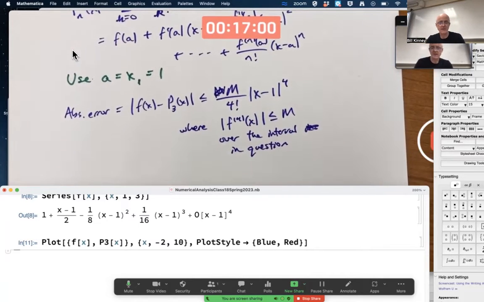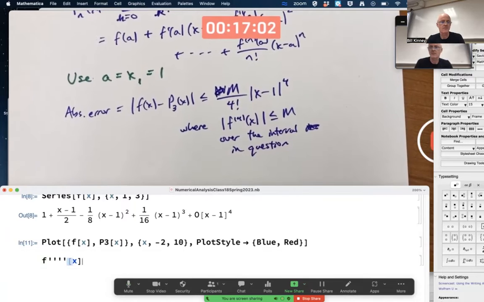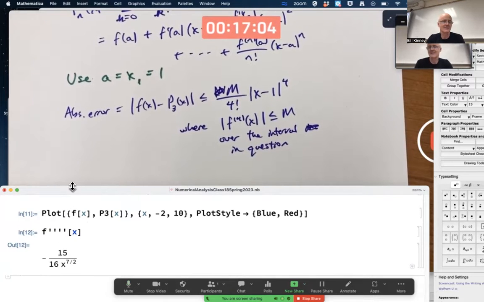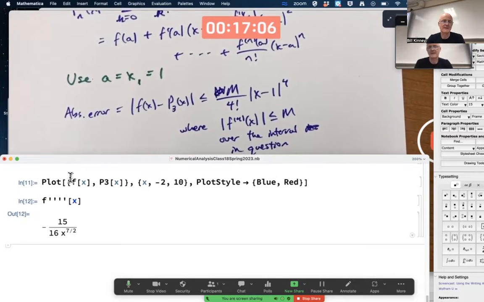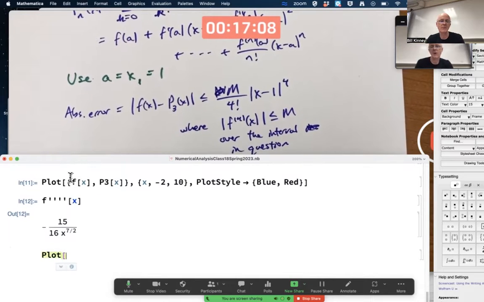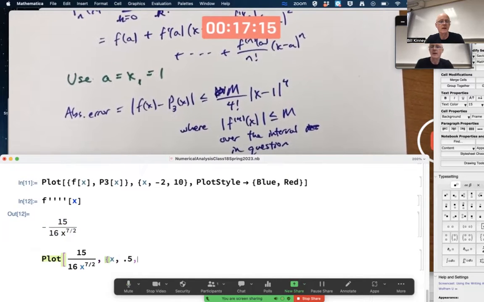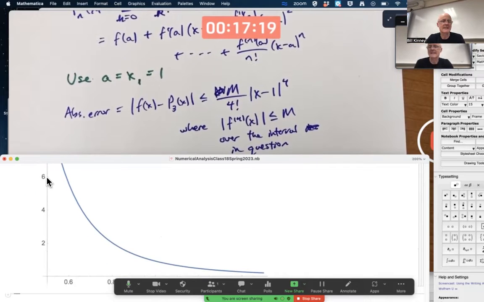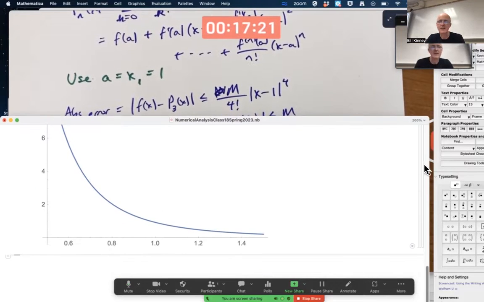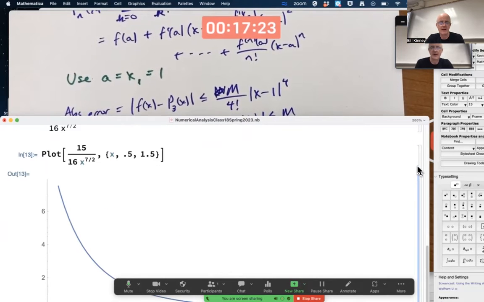What's the 4th derivative of f here? It's that. How big does that get on the interval from 0.5 to 1.5 in absolute value? I can get rid of that negative sign. Looks like the biggest it gets is at 0.5, and we could even plug in its value at 0.5.